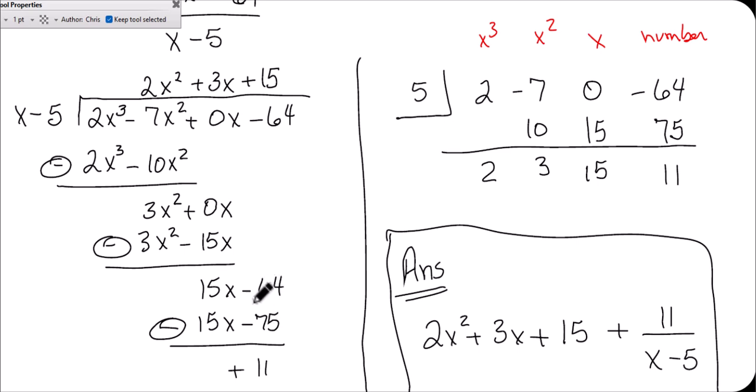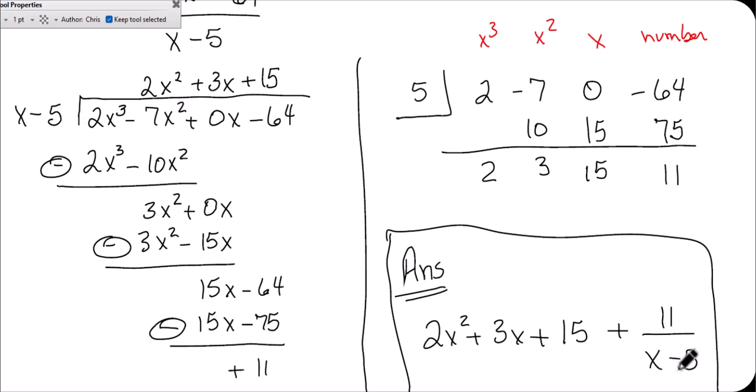And now subtract. Minus 64 minus a minus 75, you're really adding 75. And so we get a plus 11. So my answer, 2x squared plus 3x plus 15, plus the remainder of 11 over the x minus 5.